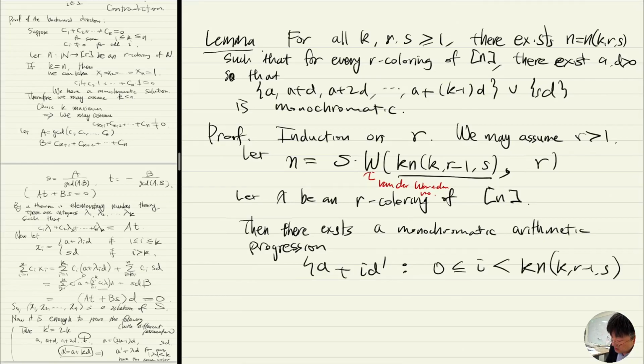What is this n function? By the way, this is a function given here, right? We have something by induction. This is induction on r, so when you have r minus 1, such a number exists. That's the assumption.